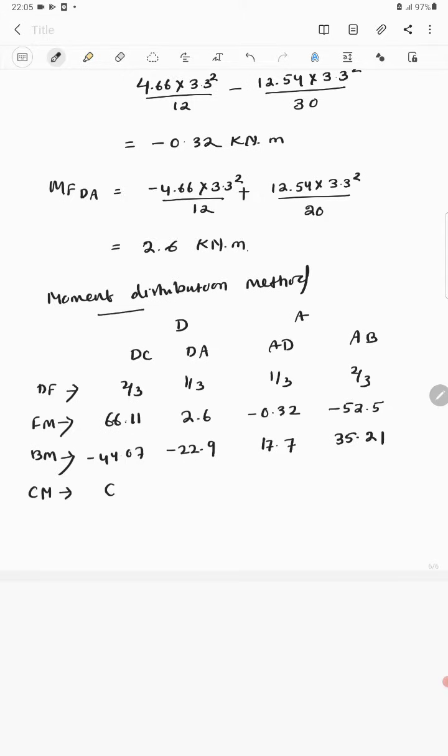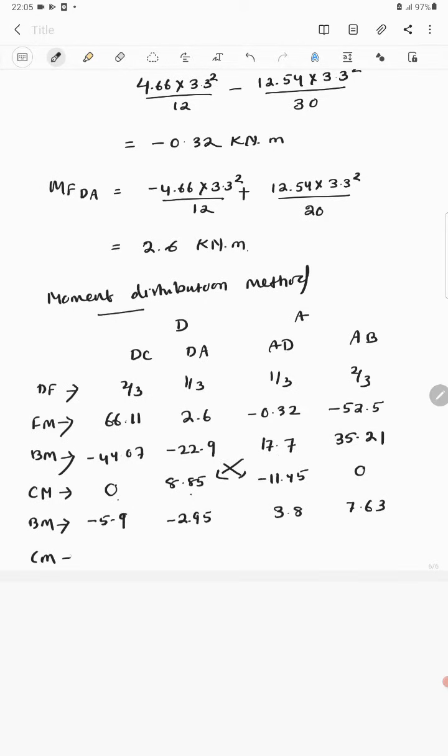Now carryover moment, this is fixed end, so 0, and this will be 17.7 by 2, 8.85. This is minus 22.9 by 2, minus 11.45. This is 0. Balance moment: minus 5.9, minus 2.95, 3.8, 7.63.